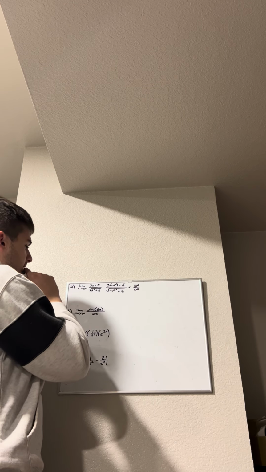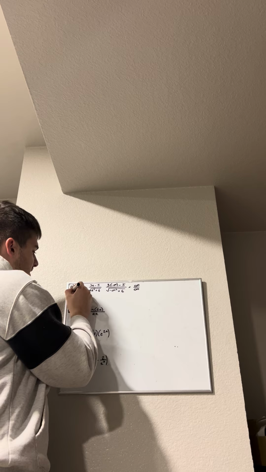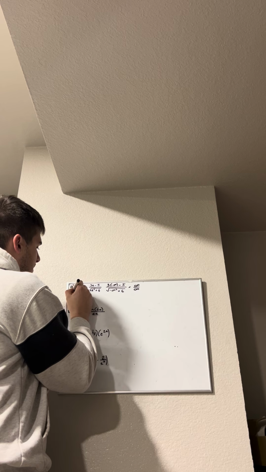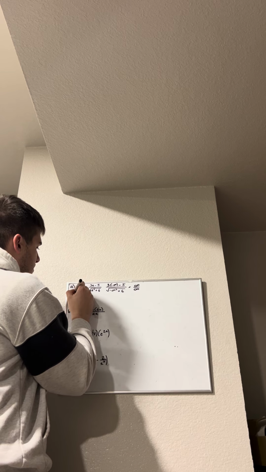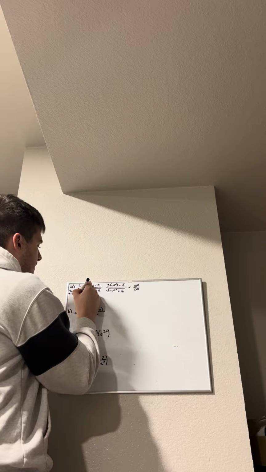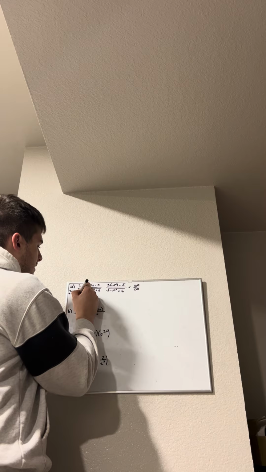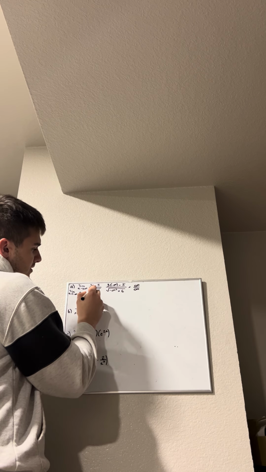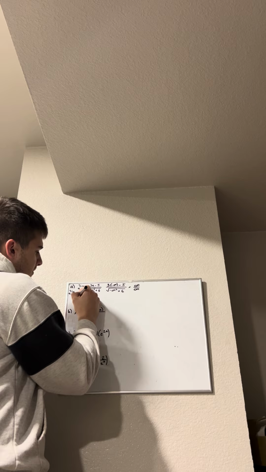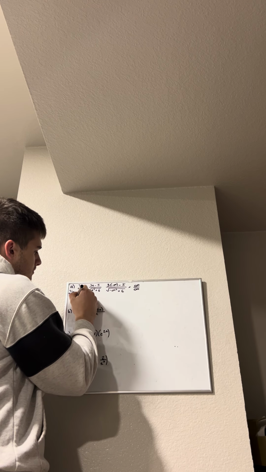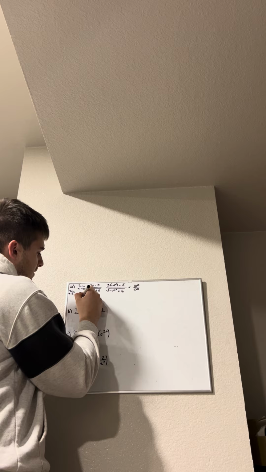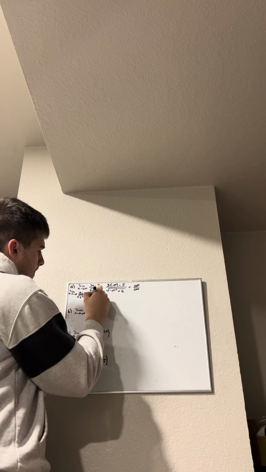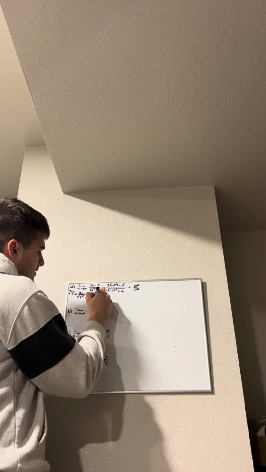What we can do is rewrite this as the limit x approaching negative infinity of 3x minus 5 over, we can take an x squared out of the whole expression, so it would just be the root of x squared times 1 plus 6 over x squared.